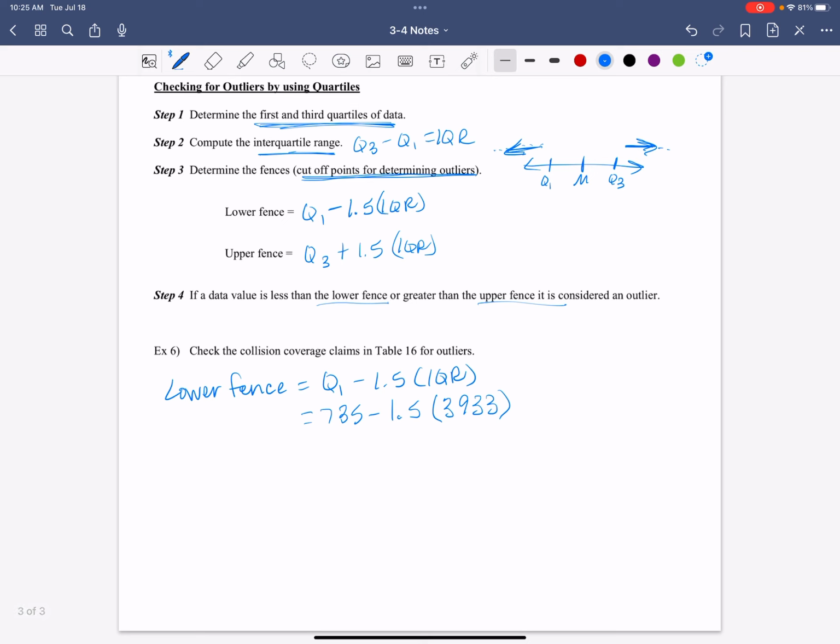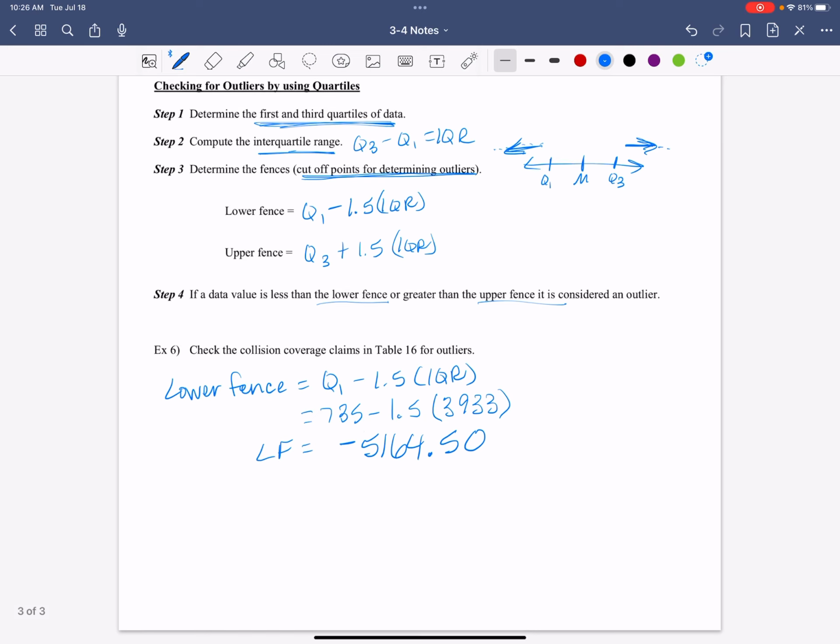My lower fence, LF for lower fence, is going to be negative 5,164.50, because it's dollars. So do we have any data that's beyond that? No, we're not going to have any data that's beyond the negative. We don't have any data values that are too low based on our data.